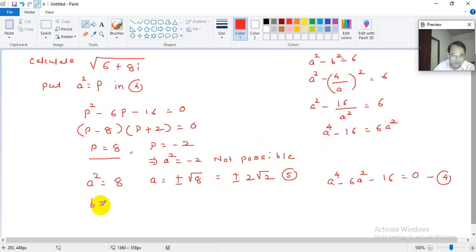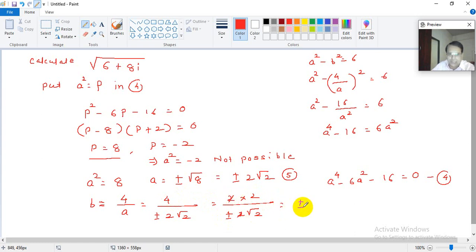So now b is equal to 4 upon a. So it is 4 upon what? 2 root 2 we will take, plus or minus. Now this 4 you can write as 2 into 2, divided by plus or minus 2 root 2. So this 2 gets cancelled, it is root 2 only, plus or minus root 2. So you have got this answer, say 6.